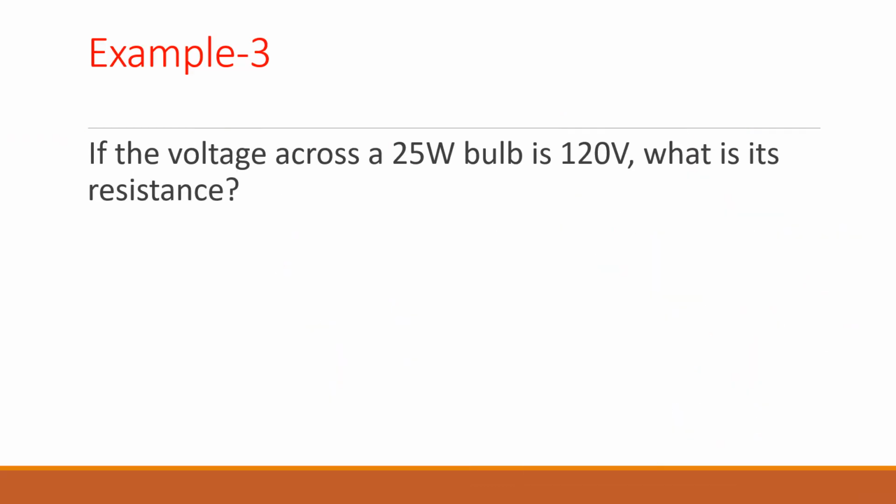Let's do an example. If the voltage across a 25 watt bulb is 120 volts, what is its resistance? So we know the power, we know the voltage, and they're asking us to find the resistance. So we can use the equations that we had before.